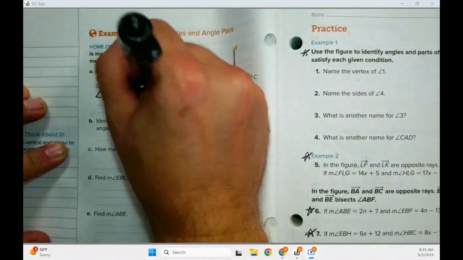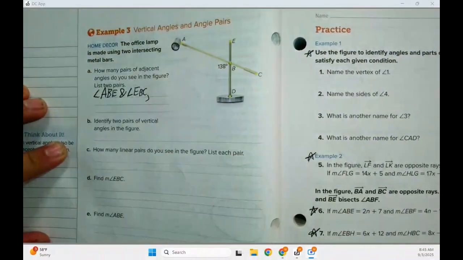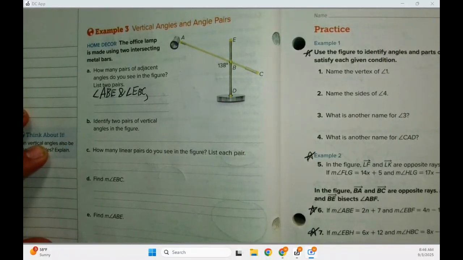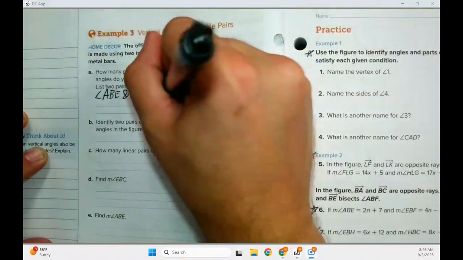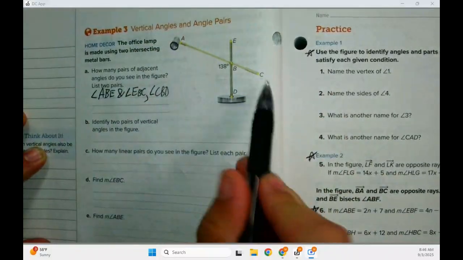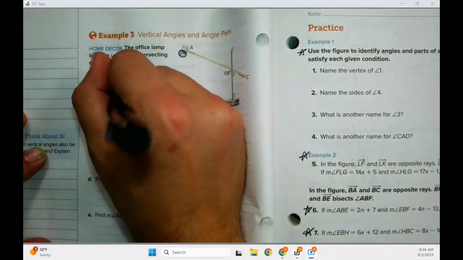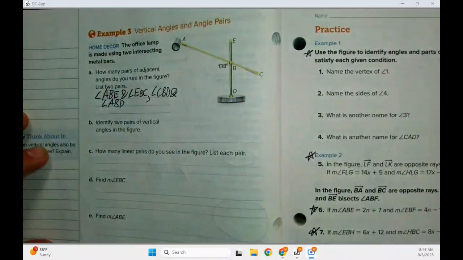Yeah, totally. EBC. And then let's do another one. What's one more pair we could come up with? Okay, yeah, CBD, right? And then ABD, absolutely.